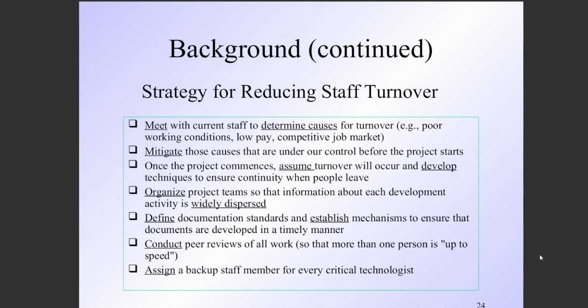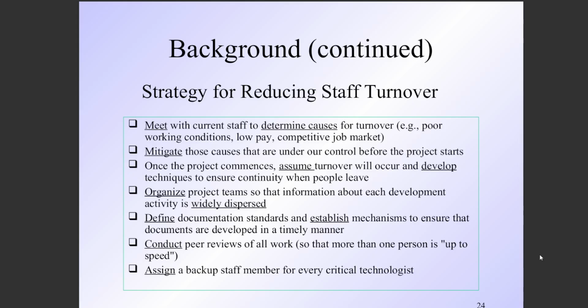So to reduce the staff turnover, there is a simple set of measures that every manager should take care of, because the risk of people leaving and the need for retaining people is very high.